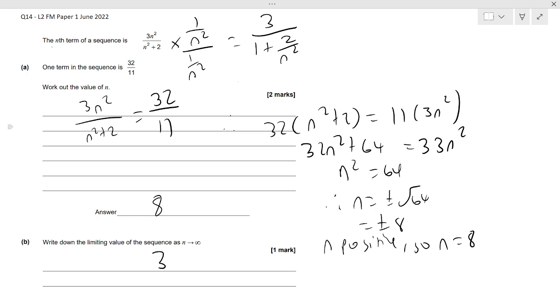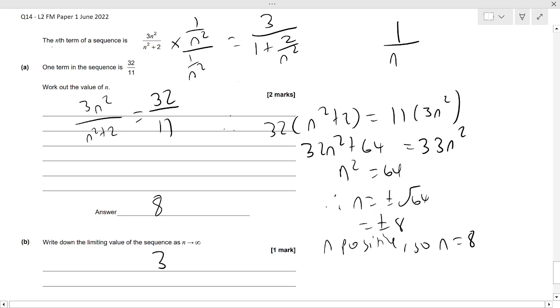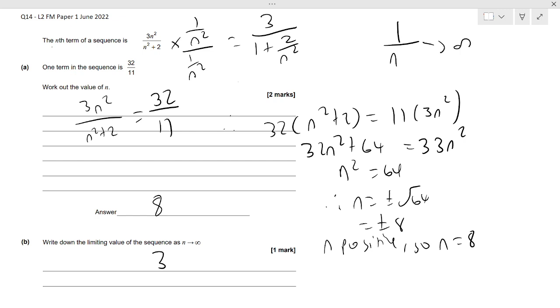And what you will notice is that in general, with 1 over n, when n goes to infinity or a big number, you're dividing by a big number. So you can try that with your calculator. Divide 1 by a big number, it will tend to infinity. No, sorry, tend to 0.